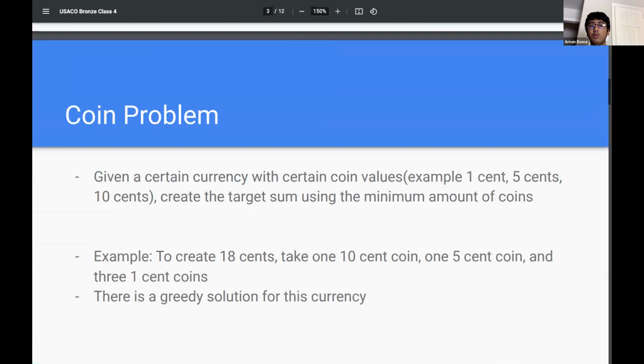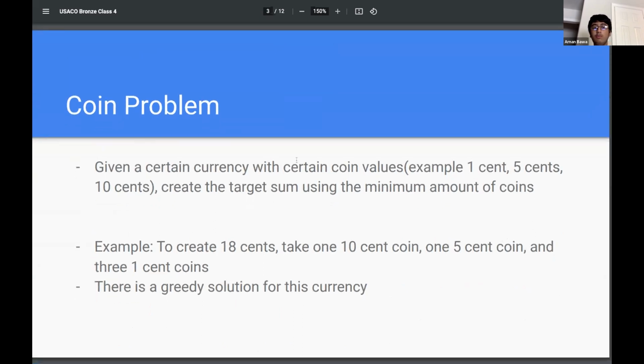All right, now we'll go to one specific type of greedy algorithm, and I'll display it using a problem. It's a pretty common problem called the coin problem. You're given a certain currency of coins. We'll use the American currency as an example. If we have 1 cent, 5 cent, and 10 cent coins, we want to create a given target sum using the minimum amount of coins.